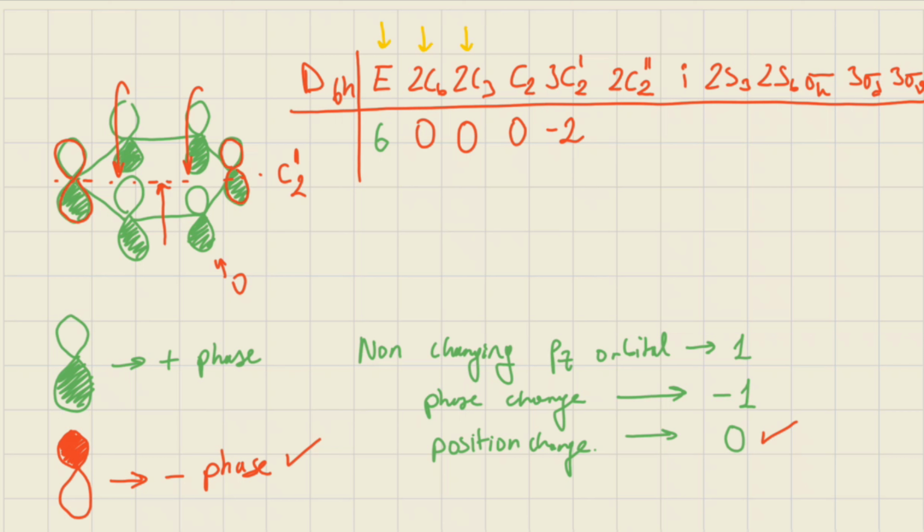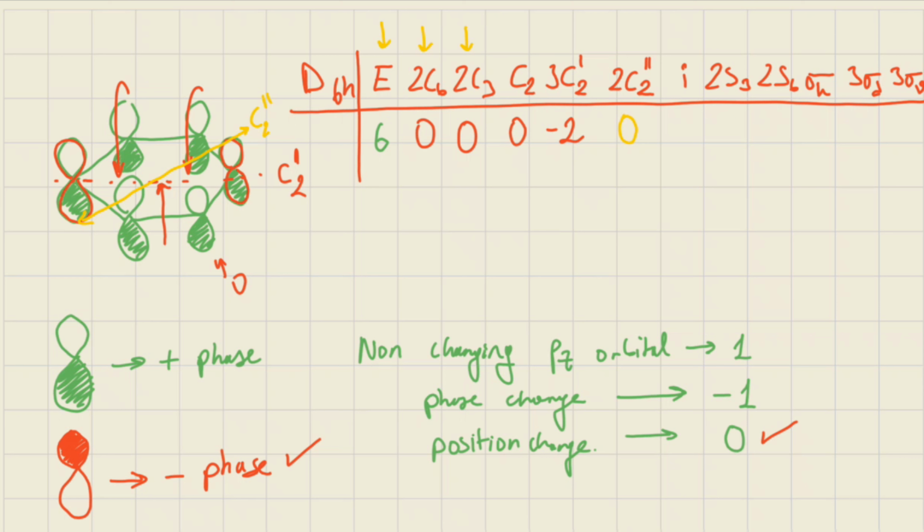And C2 double prime passes from here. Maybe I can use a different color, for instance yellow. Okay, C2 passes from here, so it cuts the bonds. So this is C2 double prime. In this case, all the pz orbitals change their positions, so the answer is 0.